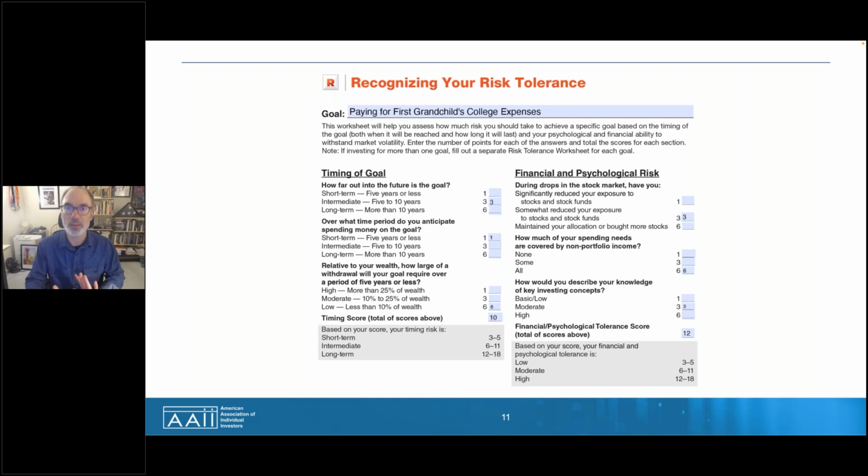Over what time period are you going to spend money? So again, you have the time to your goal's reach, but then you also have a separate time frame, which is really your spending horizon. And for college, hopefully it's really short. Hopefully it's just 4 years. But for instance, if we were talking about retirement, you could be talking about 20 or 30 years. If we're talking about buying a car, or a trip, it could be a very short spending duration.